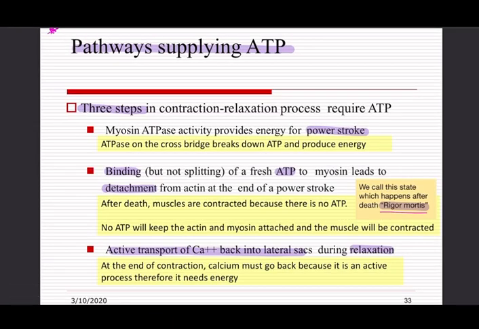So in order for everything to work, we need ATP as an energy resource. The most important 3 steps that need ATP: the first thing is myosin ATPase activity to actually start a power stroke. The second is for the detachment of the actin and the myosin, we need ATP to detach.